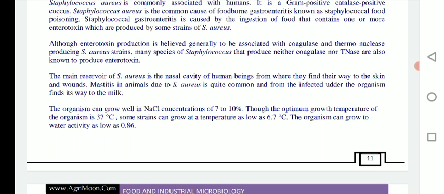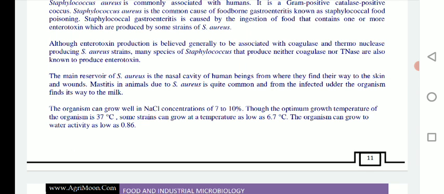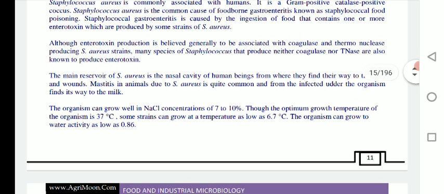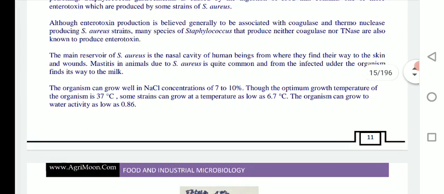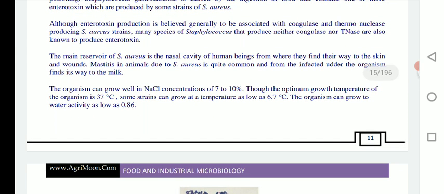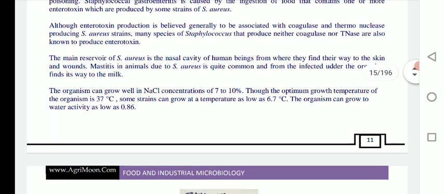The main reservoir of Staphylococcus aureus is the nasal cavity of human beings, from where they find their way to the skin. So this bacteria, present in the nasal cavity, can establish skin as well as wound infection when they get favorable conditions.